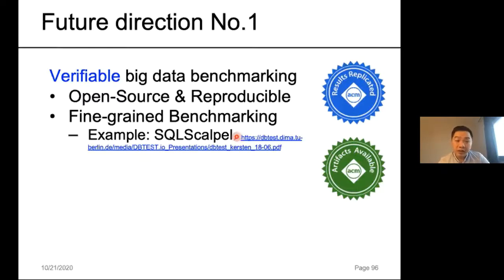A good example is SQLScalpel, which enumerates the subspace of the predicates to identify the points that lead to performance regression.